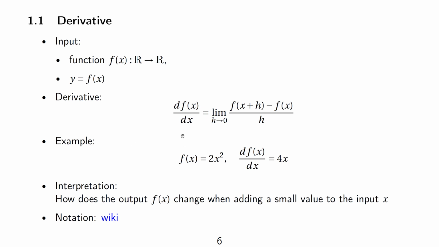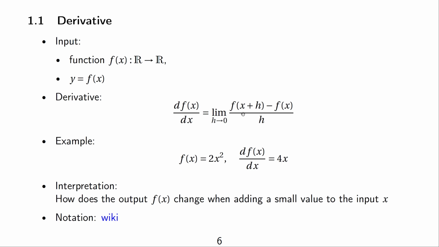Let's look at this definition. So, in notation, we have d f of x dx equals the limit of f of x plus h minus f of x divided by h. So we'll skip the figures because it's a bit too elementary.